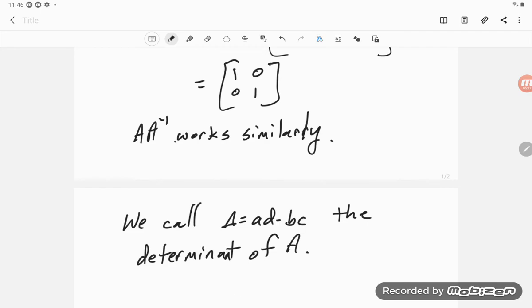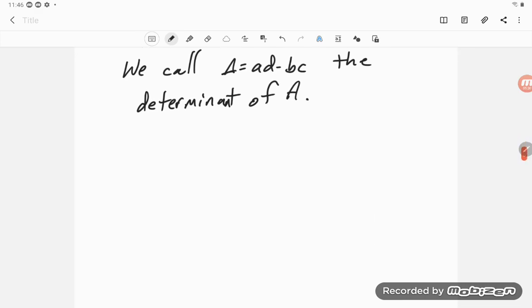And so that's a very nice theorem there. We can do a quick calculation of this AD minus BC and tell whether something's singular or non-singular. So let's look back at the previous example with the matrix A equals 1, 2, 4, 8.